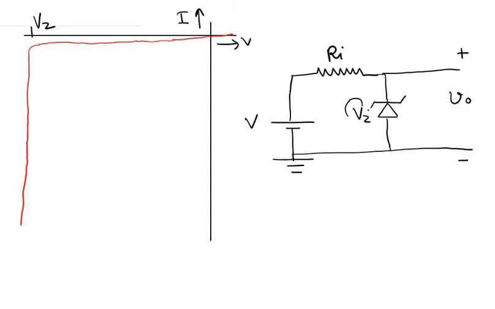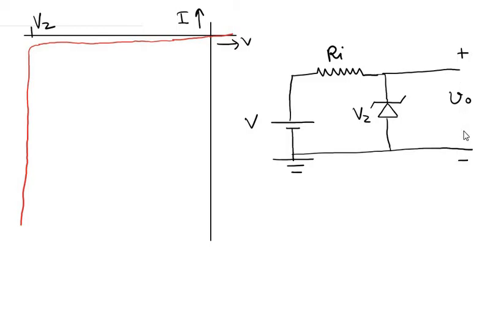So this is a parameter of the Zener diode: Vz is the breakdown voltage. If the voltage increases up to Vz, the Zener diode would reach the breakdown regime, and we take our output voltage from between these 2 points, that is, across the Zener diode. The output voltage is the same voltage across the Zener diode.